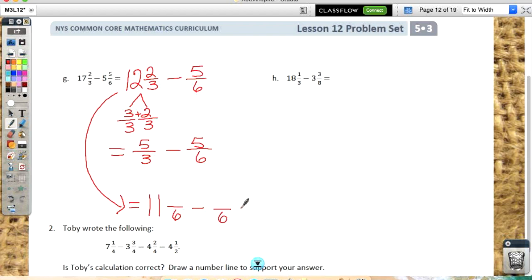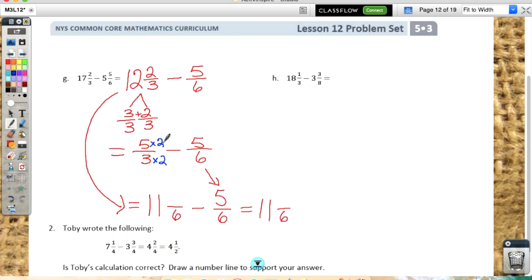Now this is where you kind of have to think. So take your time on this. Which one of these fractions do I get to keep the same? 5/6. Because it doesn't change. Okay? Then I have to think to myself, 3 times what equals 6? 2.